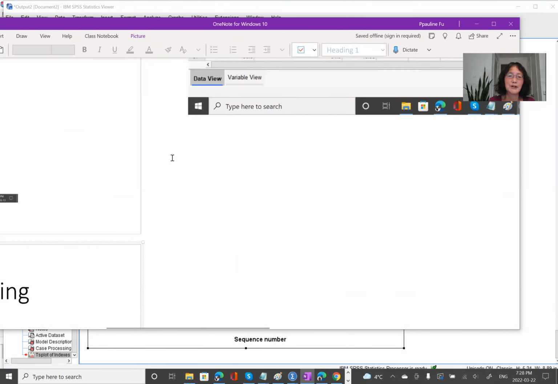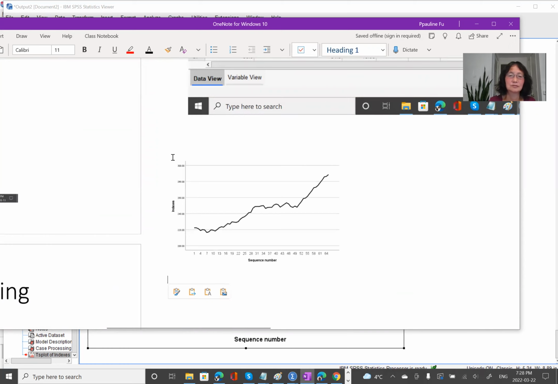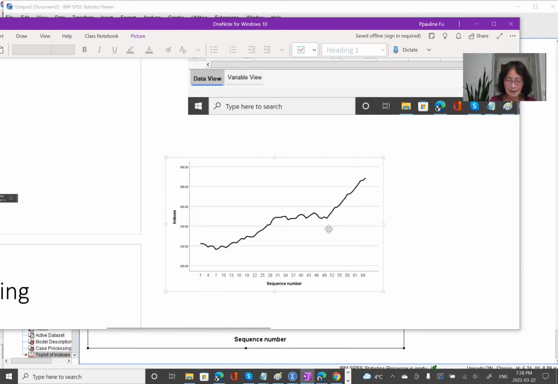Obviously, this data is trending up. It is not stationary data.